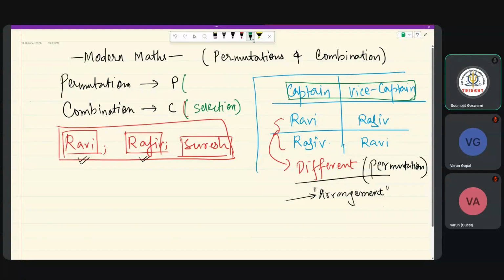And for permutation, it is select and arrange. Please remember this thing. I'm just quoting this thing. I'm not going to say anything, I'm just saying remember this thing. What is it that we took? We took Ravi, we took Rajiv, selected them, and then we arranged them. Obviously the arrangements are different, and this is what loosely we are calling a permutation.